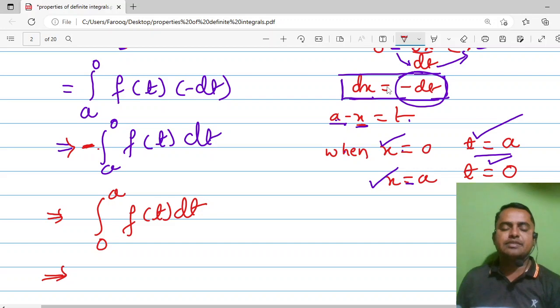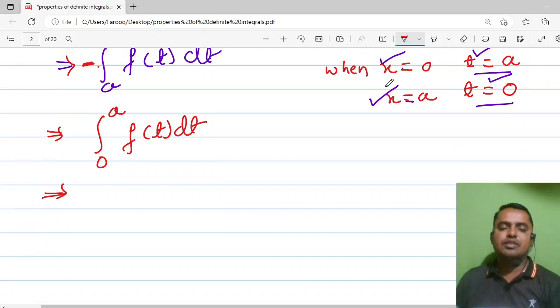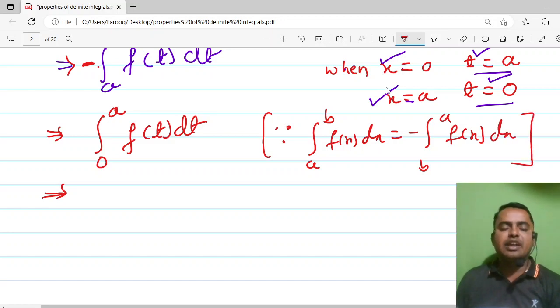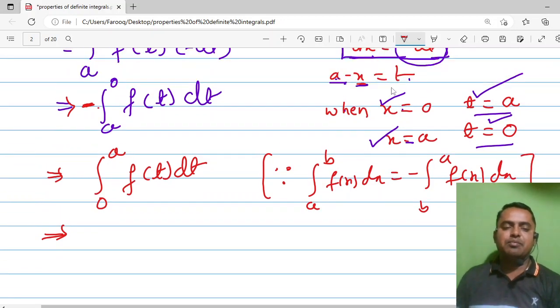This follows because integration of a to b f of x dx is equal to minus b to a f of x dx by the change of limit property. Minus a to 0 becomes 0 to a; if you interchange it, you get another minus sign, and minus into minus is plus. I hope you are getting the things.